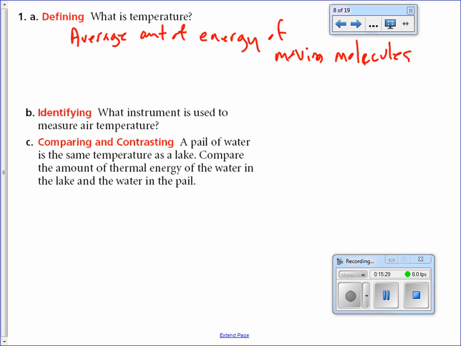But this is important because remember when we were talking about the layers of the atmosphere the week before break? And we said the thermosphere is very hot because those molecules have a lot of energy because they're getting more energy from the sun. But if you were there, it would feel cold. So what does that tell you about how many molecules there are? There's not very many, right?